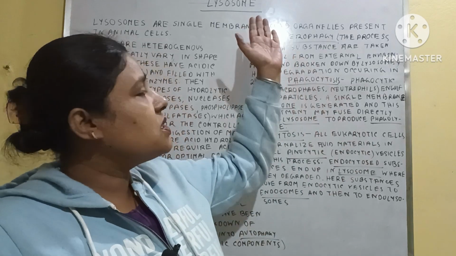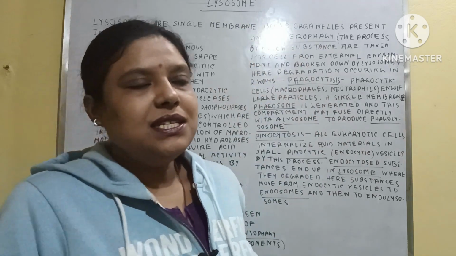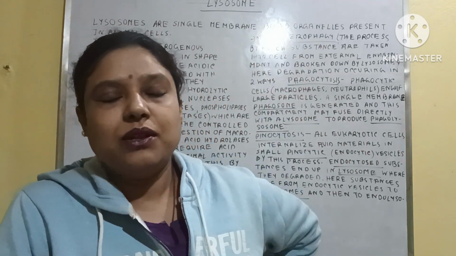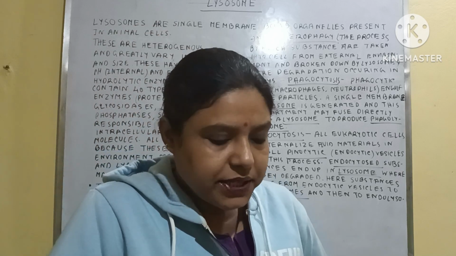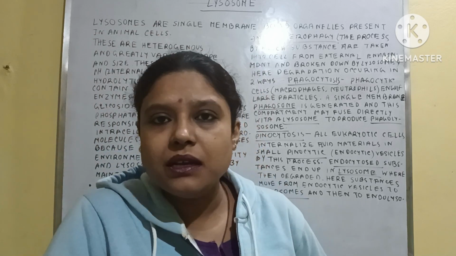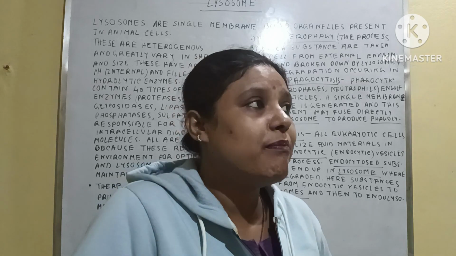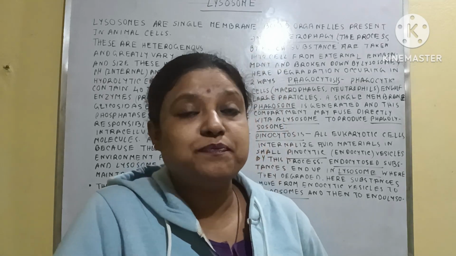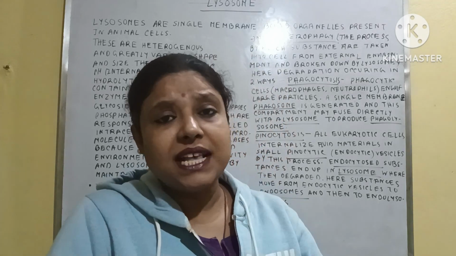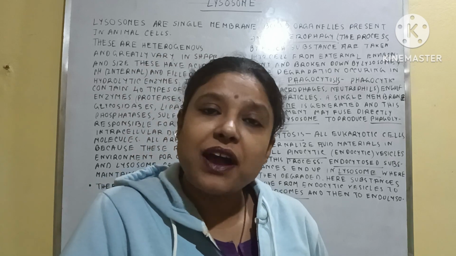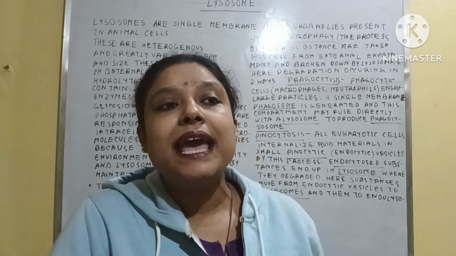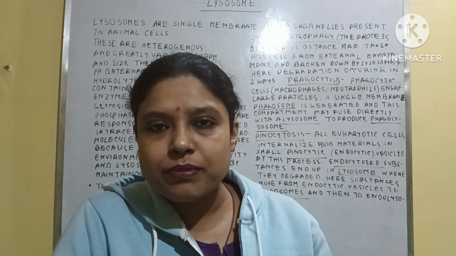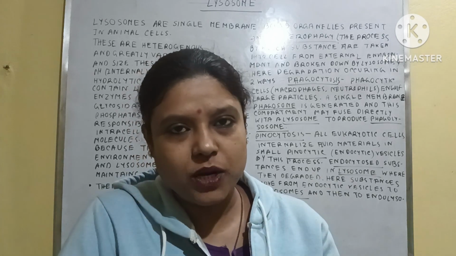So lysosome is one kind of organelle that is seen generally in the animal cell, not in the plant cell. And this is called the suicidal bag. You know why this is called the suicidal bag? Because this contains many enzymes, and its function is that it engulfs the external foreign particles and the internal foreign particles.